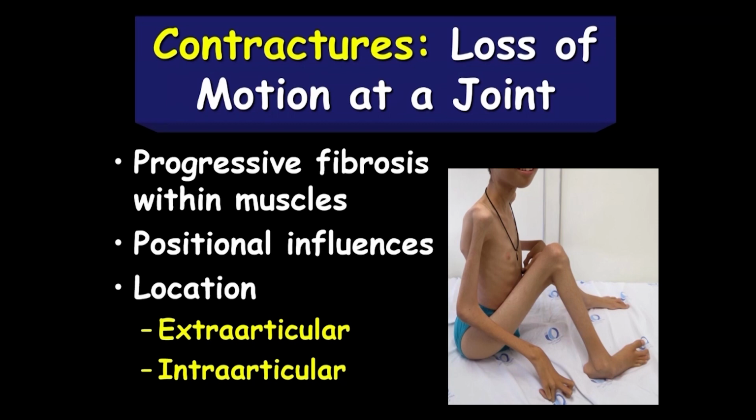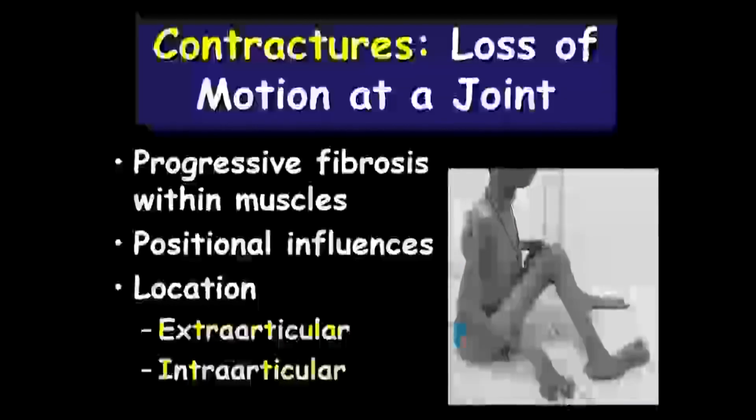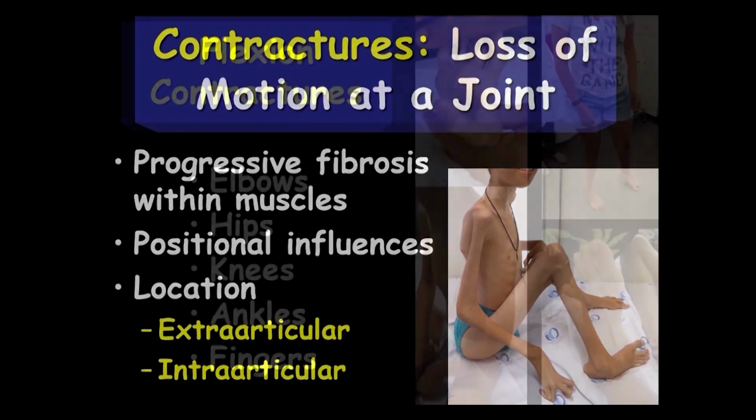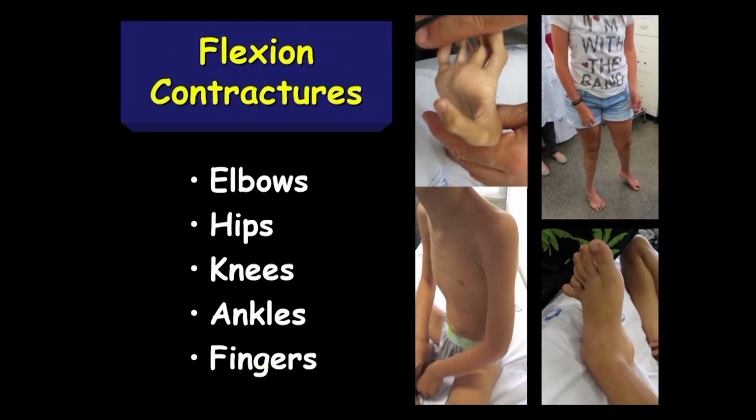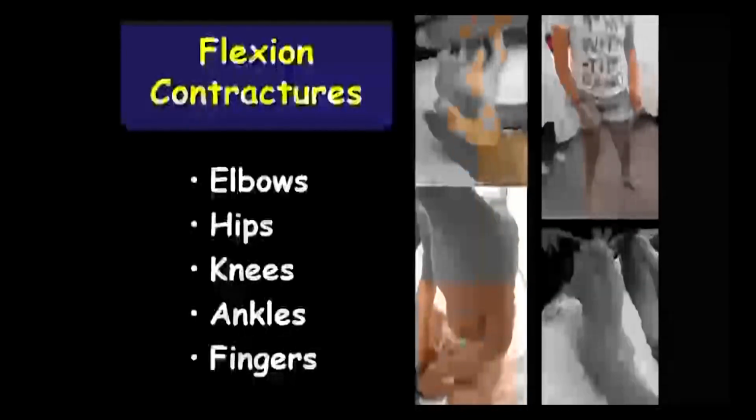The contractures can be outside of a joint, for example, within the substance of the muscle tendon units, or they can also involve the soft tissues surrounding the joint or be intra-articular. The most common contractures that we see involve flexion, or the inability to straighten the joint, and these are seen at multiple locations, which can impair positioning, ease of care, and upright mobility.